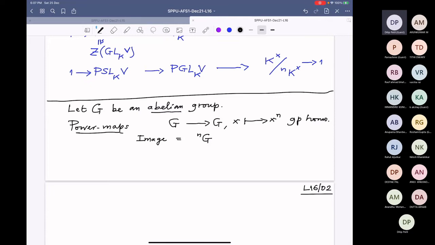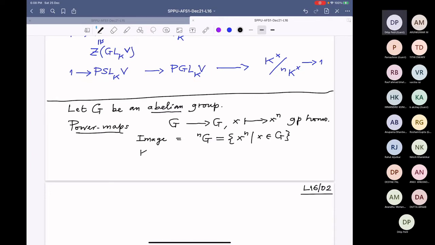So I have no choice but to write it on the left side, and therefore don't claim that you don't understand this notation. What is that image? The image is all those powers x to the power n, where x varies in G.